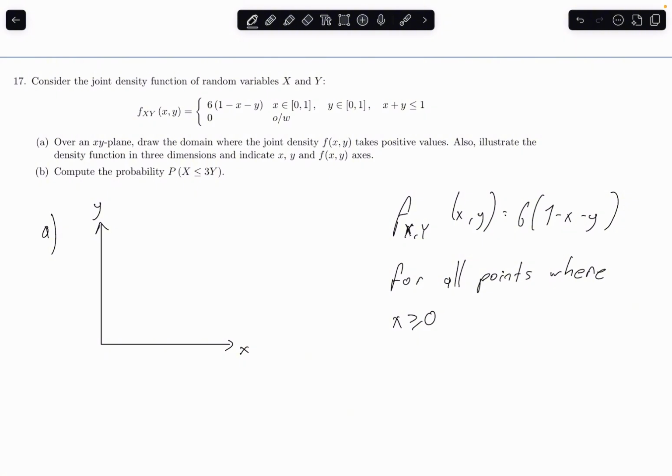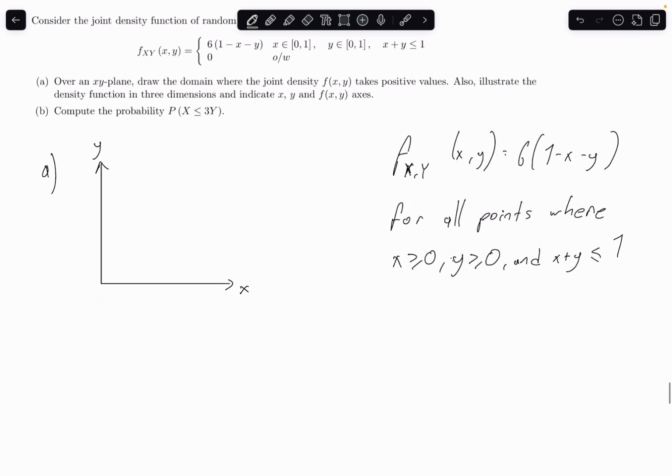x greater equal 0, y greater equal 0, and x plus y less equal 1, we have non-negative values.